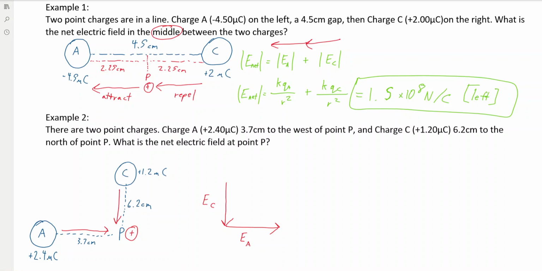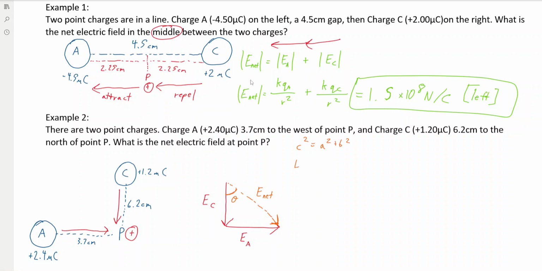Okay, so the net field is going to be this. If you add the two vectors together, tip to tail, it's going to look like this. And we'll look for the angle there, and we're going to look for the net field. Now we're going to use two different methods to solve this. We're going to use Pythagoras, so c squared equals a squared plus b squared.